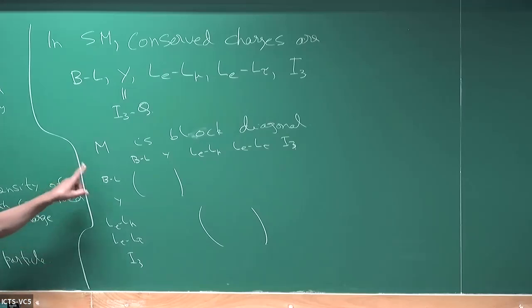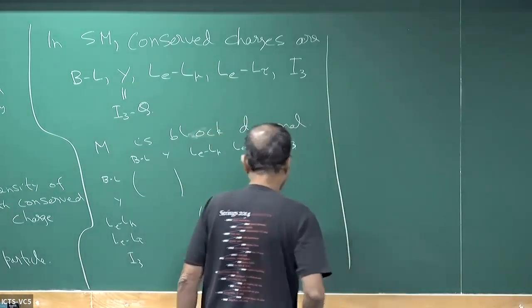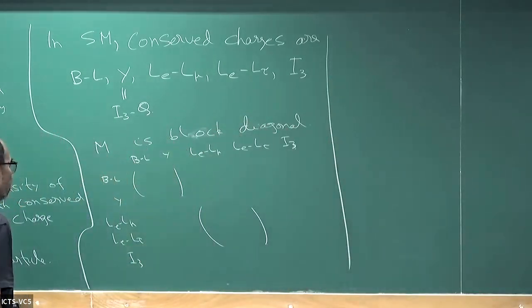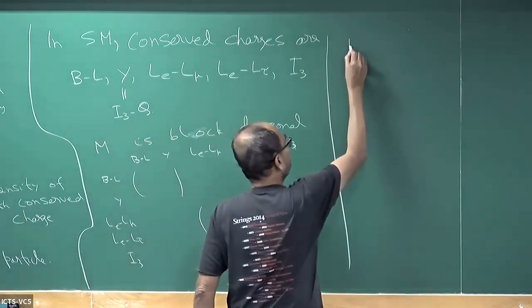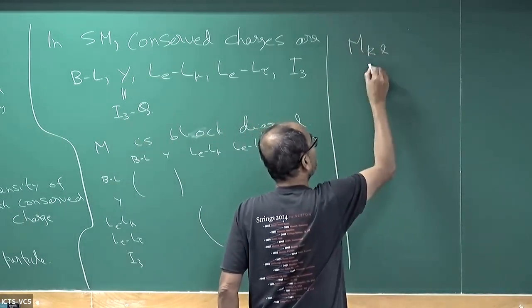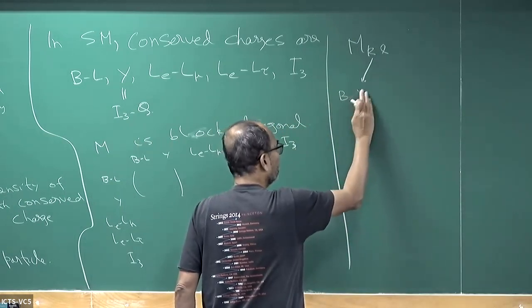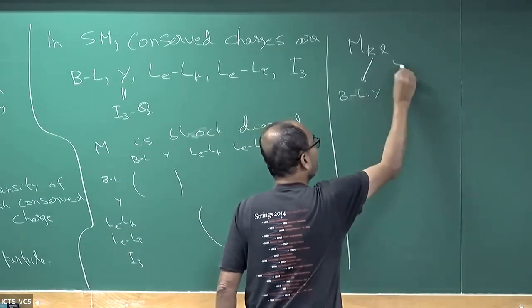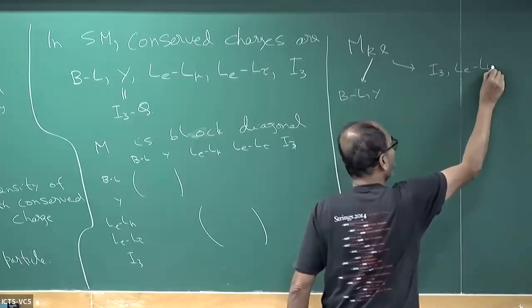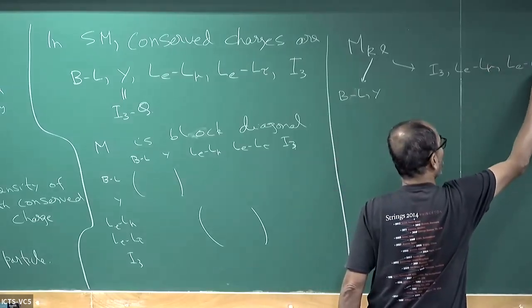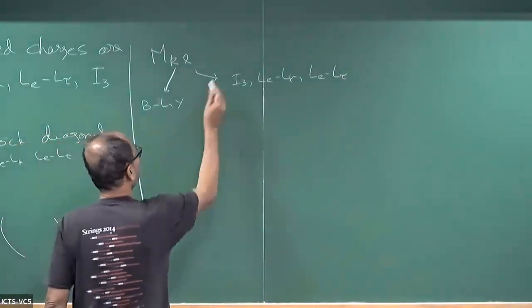Okay, so let's try to prove this first, because this will be useful. What we need to do to prove this is to show that when you look at M_KL, if one index is either B minus L or Y, and the other index is I3, L_e minus L_mu, L_e minus L_tau, then this is 0.